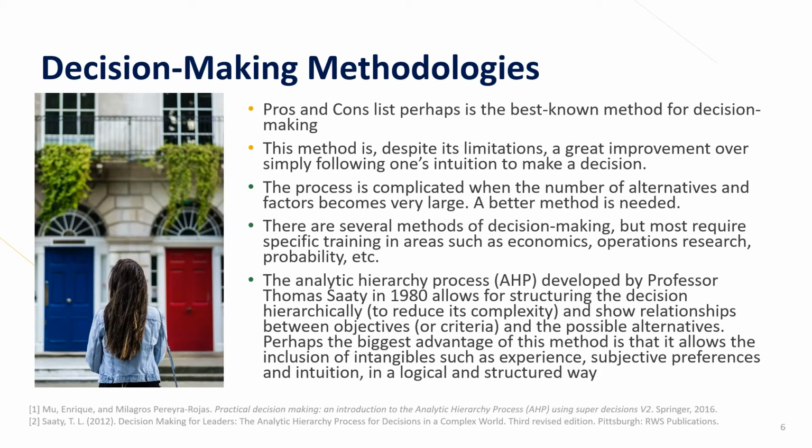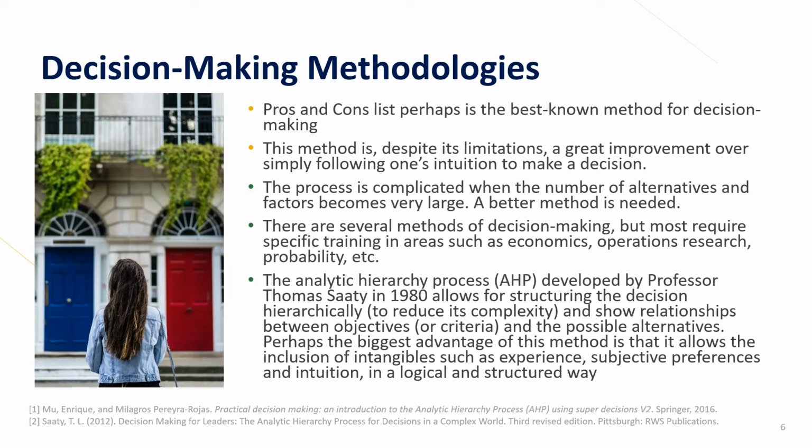The objective is to decide what kind of thing we want to achieve, and then to achieve this objective we have several criteria. Okay, we will discuss this later. And then these criteria will have several possible alternatives that we can choose.